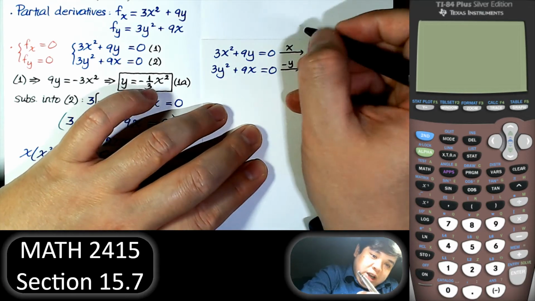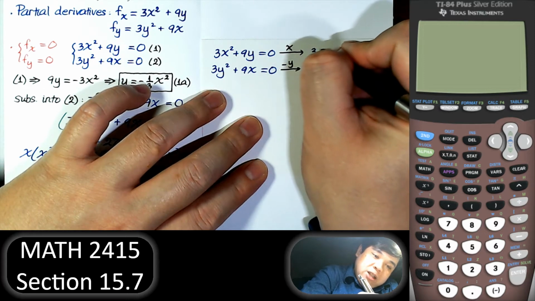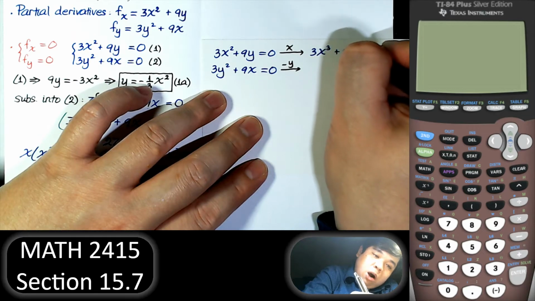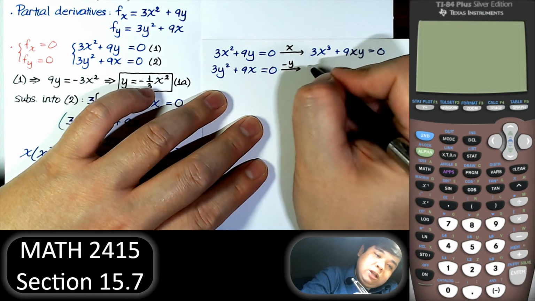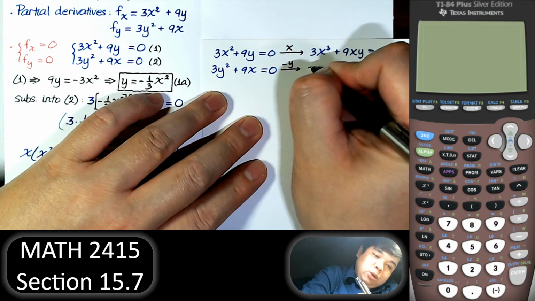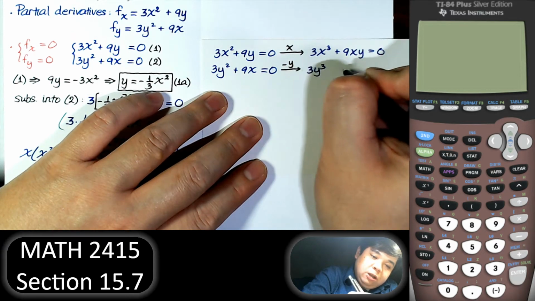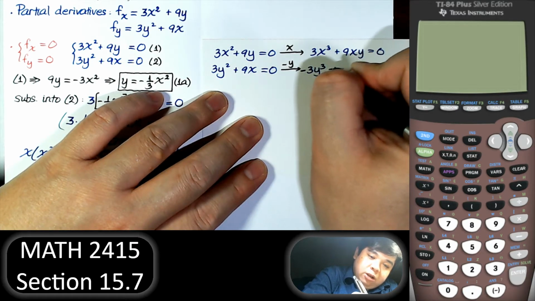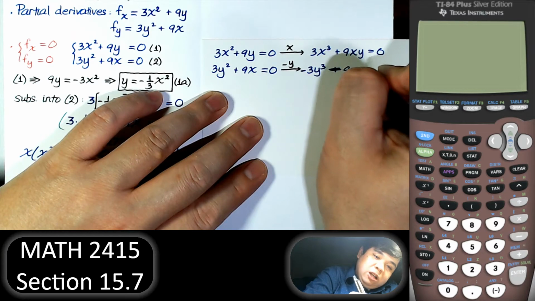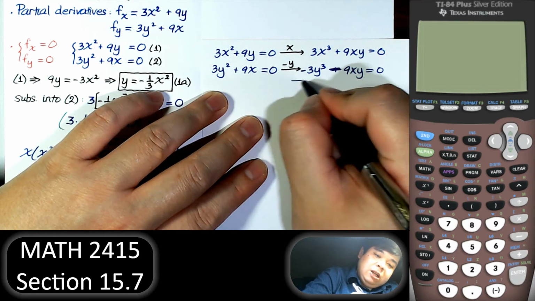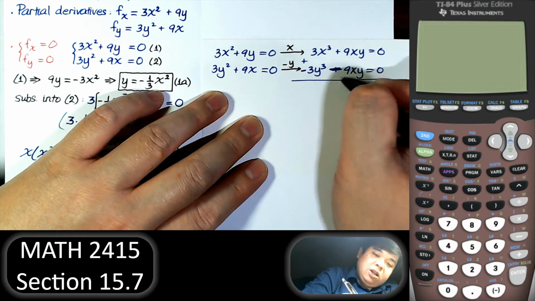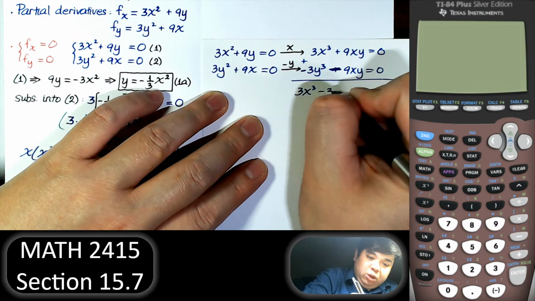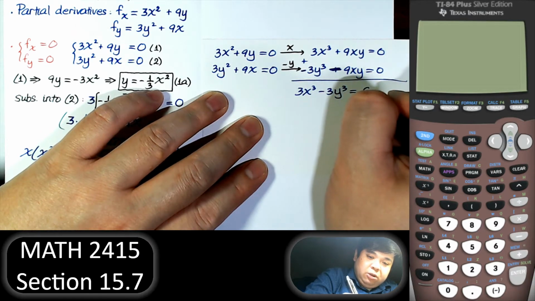If you do that, you have 3x cubed plus 9xy equal to 0, and negative 3y cubed minus 9xy equal to 0. Then we can add side by side. Those cancel out. We have 3x cubed minus 3y cubed equal to 0.